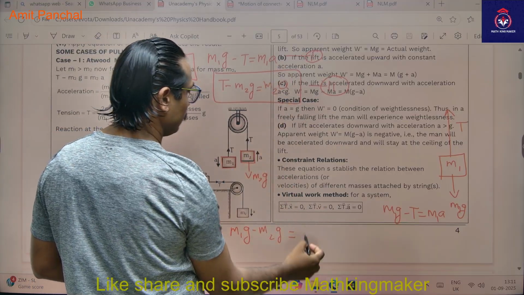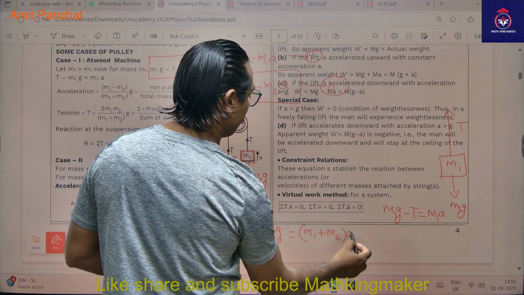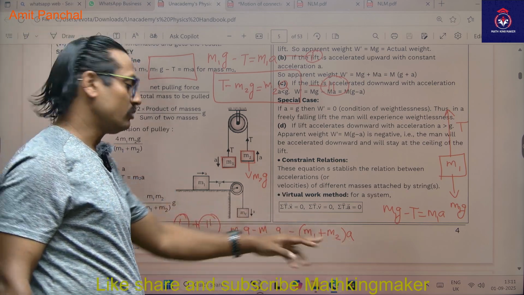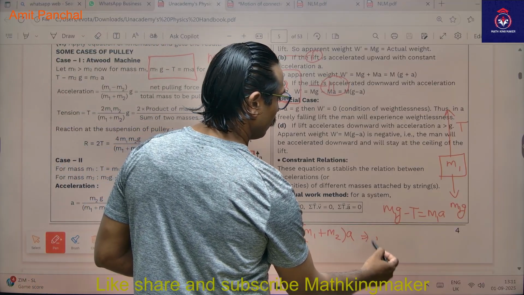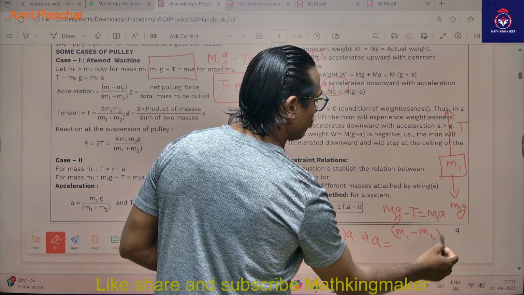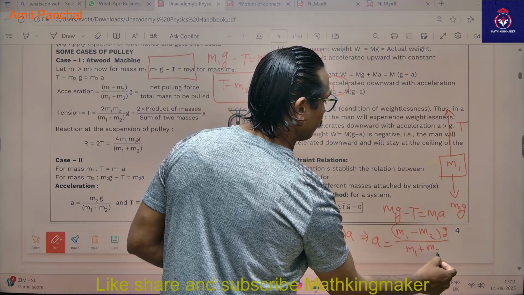I can take it common. So what will a be? a will be equal to (m1 minus m2) into g divided by (m1 plus m2).